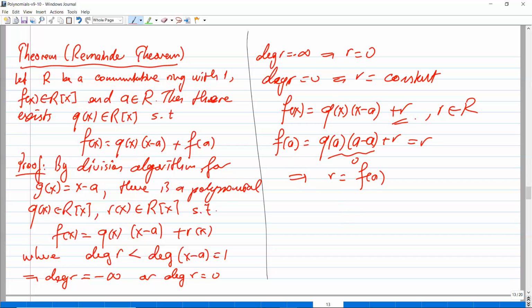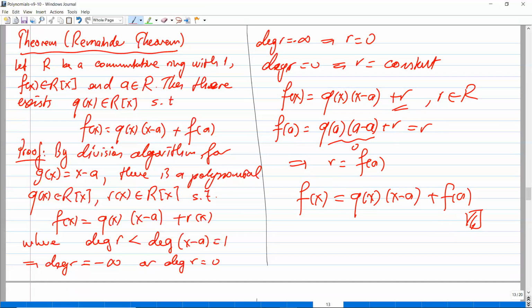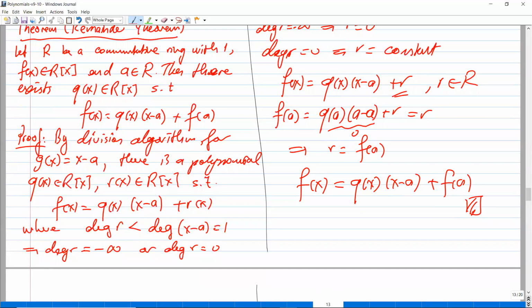If we replace that here, we get f of x is equal to Q of x times x minus a plus f of a, as required. That's the proof of the remainder theorem.